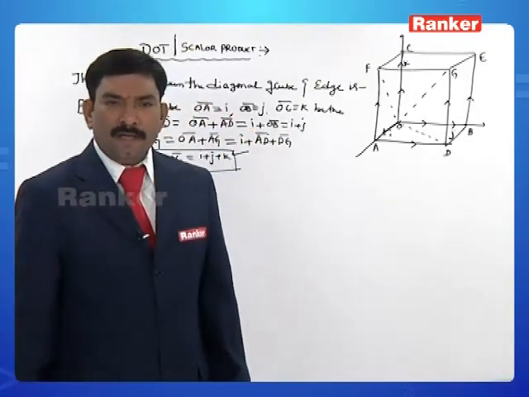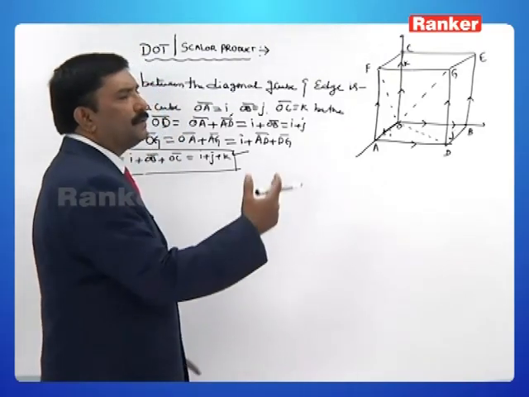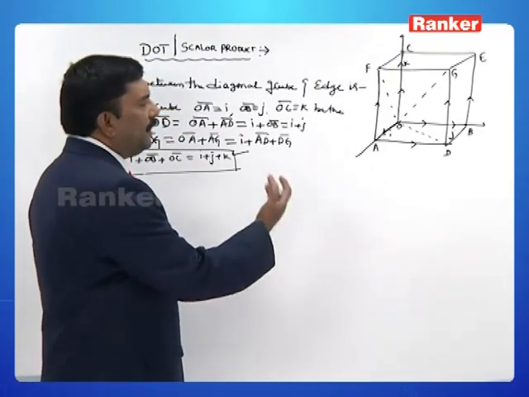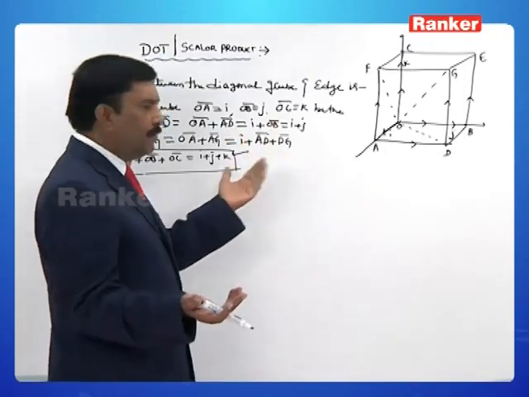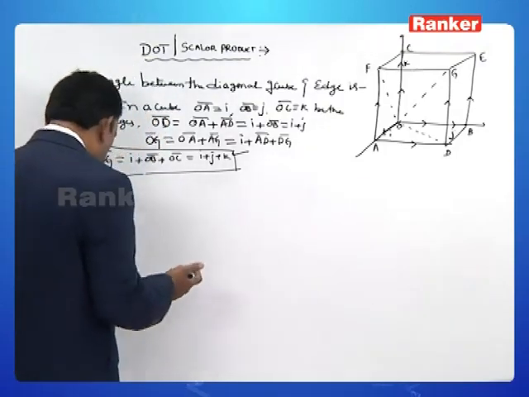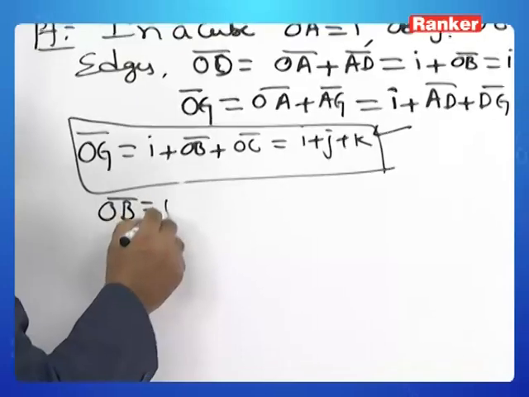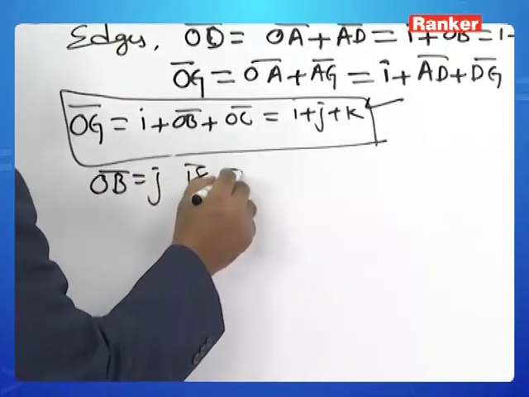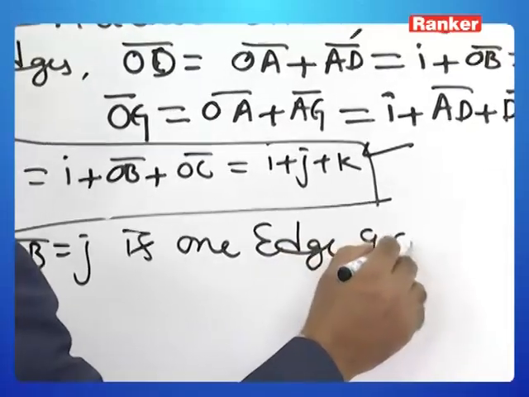This is the diagonal of a cube. You can also find it with AE bar, but it is not necessary. Already you know one edge and one diagonal. So OB bar is equal to J, one edge of a cube.